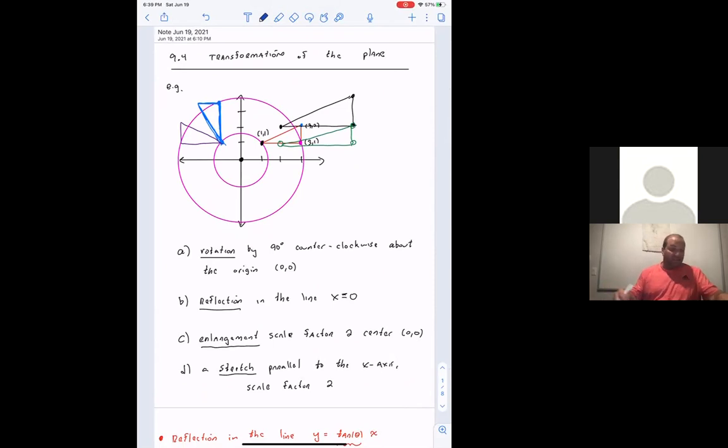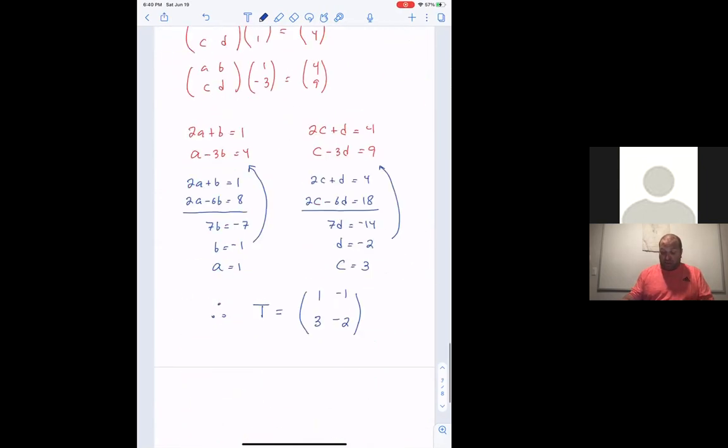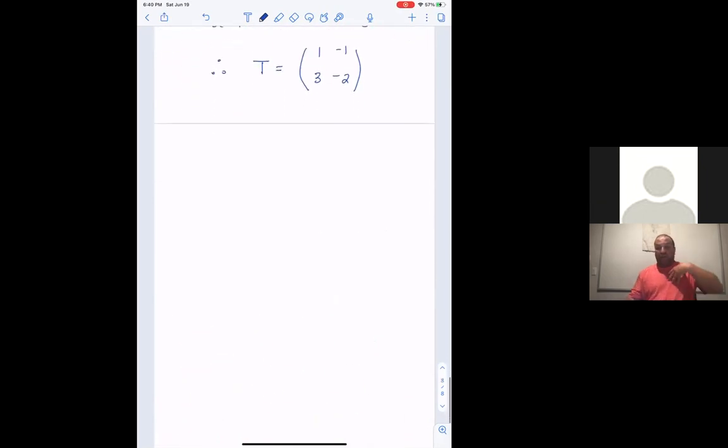And the question you might ask yourself is, is there a way to predict the area of the image of a shape if you know A, the original area, and B, the matrix of transformation? And the answer is yes. And that's, again, without proof, it just is this.